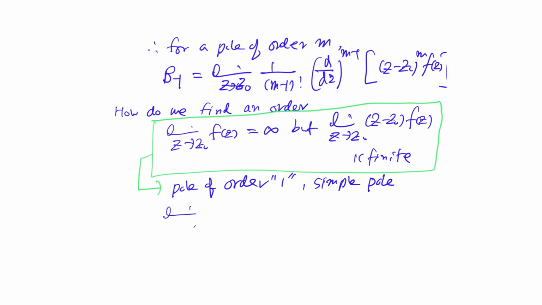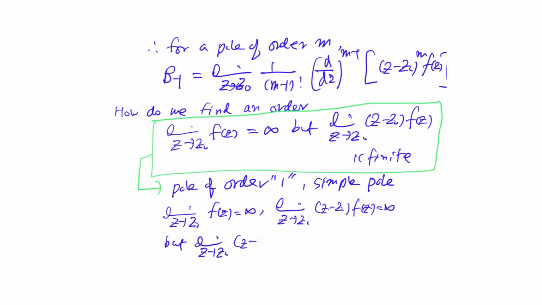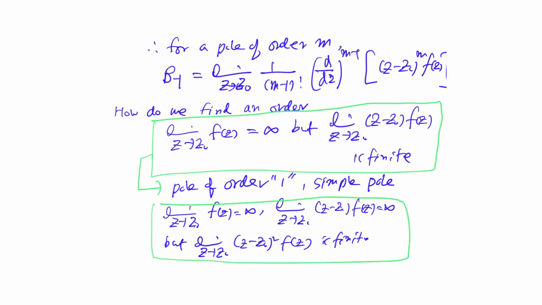If the limit as z goes to z naught of f(z) is infinite, but (z minus z naught) squared times f is finite, then we say this is a pole of order 2.